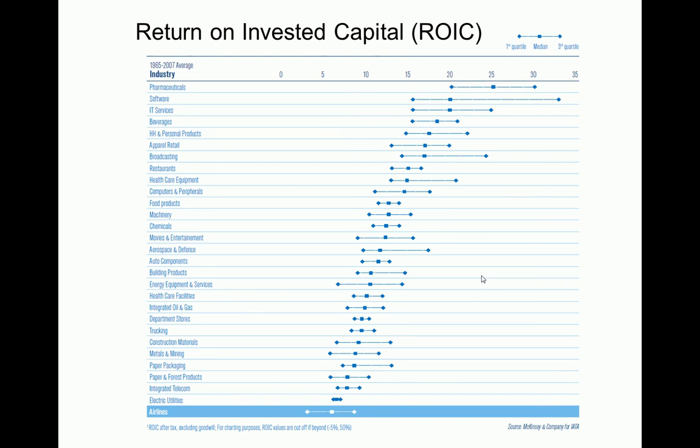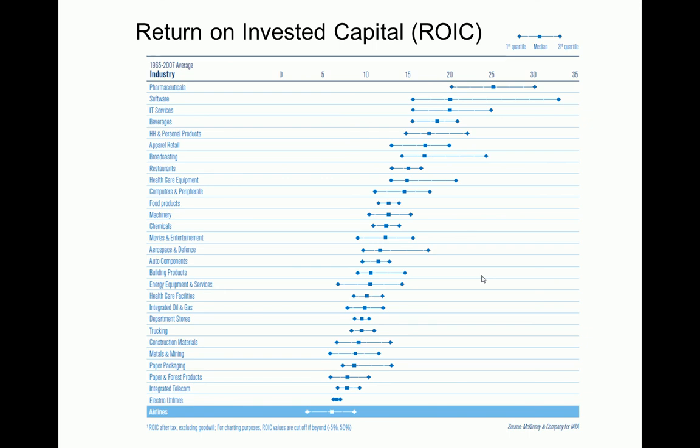For Michael Porter, this level of profitability makes some industries more attractive than others. So an industry which has a high level of profitability is an attractive industry in which to compete or in which perhaps to try to enter.